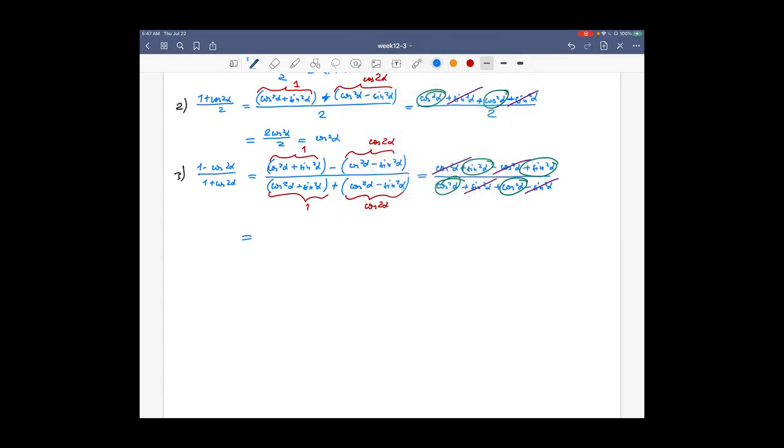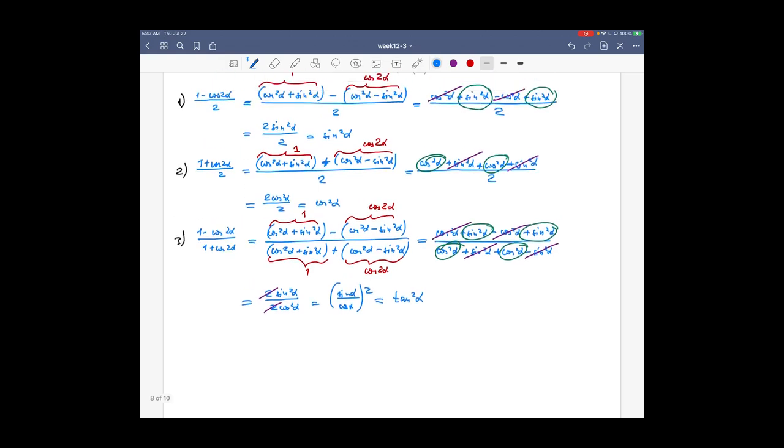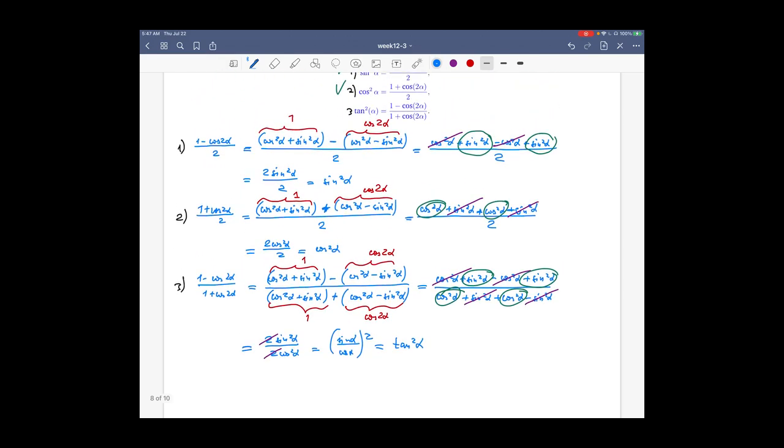So this here becomes 2 sine squared alpha over 2 cosine squared alpha, which I can of course write as sine alpha over cosine alpha squared, and that is simply tangent squared alpha. So that proves the third formula.